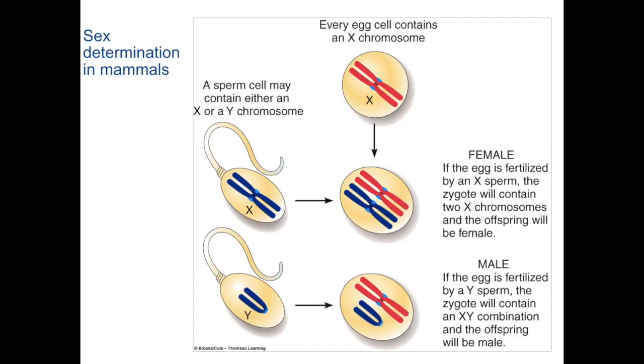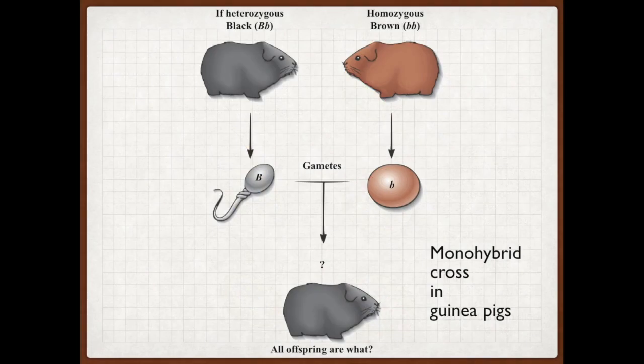Here's another picture that illustrates the zygote giving the genetic information, specifically if it's going to yield a boy or a girl, the 23rd chromosome. And in this picture here, we have a heterozygous black guinea pig, which is big B, little b, and a homozygous recessive brown guinea pig, little b.